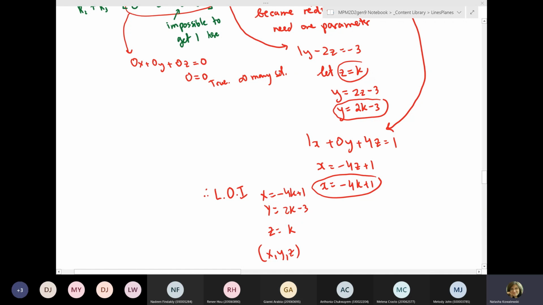Let me give you a new slide on Pear Deck. Can you give me the vector form from this parametric form?